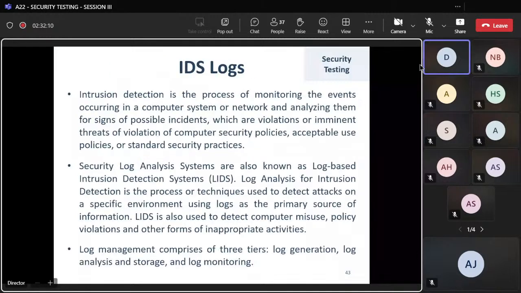The next topic is IDS logs, intrusion detection system. This system is greatly used to monitor the various events that are happening in the environment at the network level, and it will try to identify any kind of deviation in the implemented security policies or the standard security practices. It will try to detect any kind of intrusions that are happening in the environment.